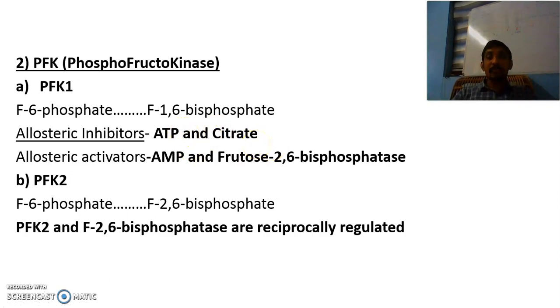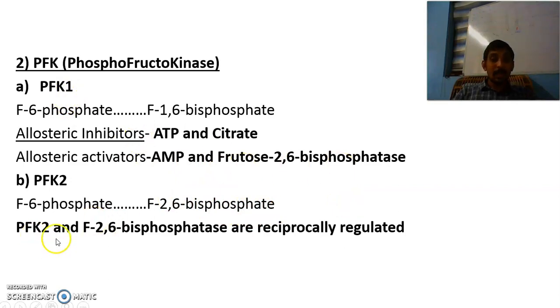Like that, PFK2, that is phosphofructokinase 2, is an enzyme which converts fructose 6-phosphate into fructose 2,6-bisphosphate. It is not a step of glycolysis. It is another regulation. PFK2 converts fructose 6-phosphate into fructose 2,6-bisphosphate, and this fructose 2,6-bisphosphate again stimulates PFK1, as I already told you.